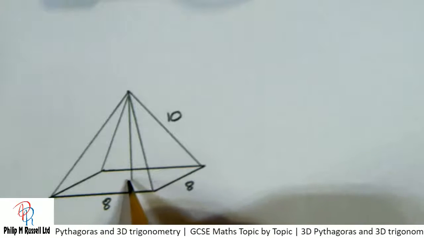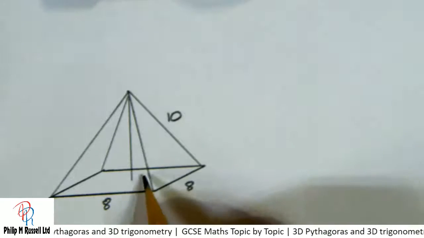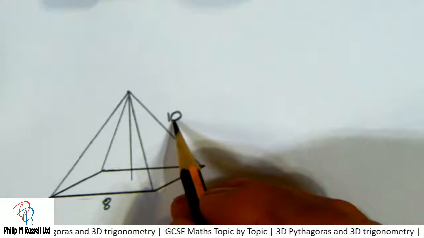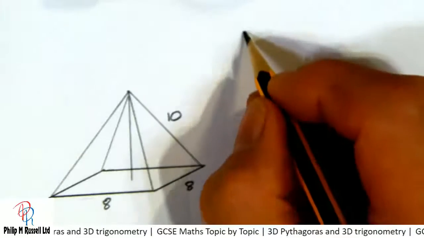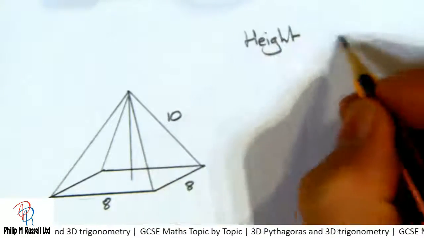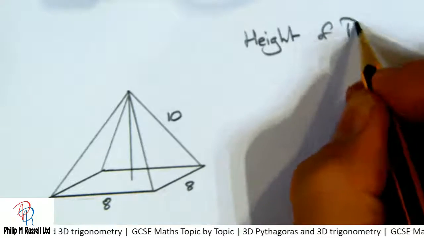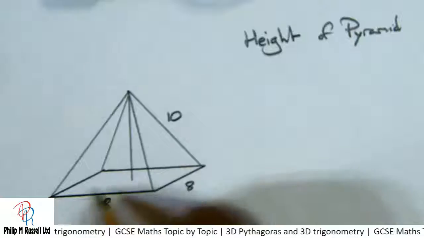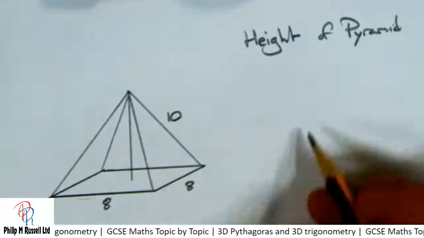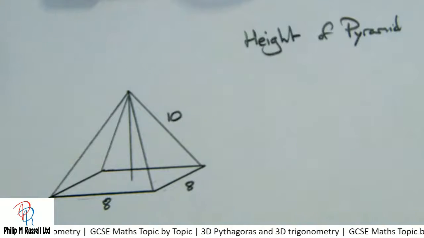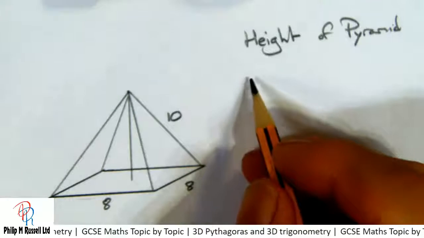Now, in this question, we're told what the length of each side is, and what we need to work out is the height of the pyramid. We can't quite use the same system of 3D Pythagoras, all working out in the same way.